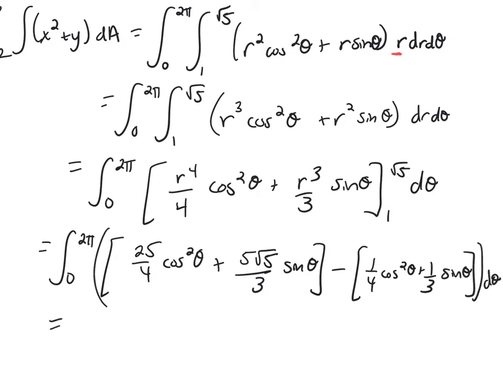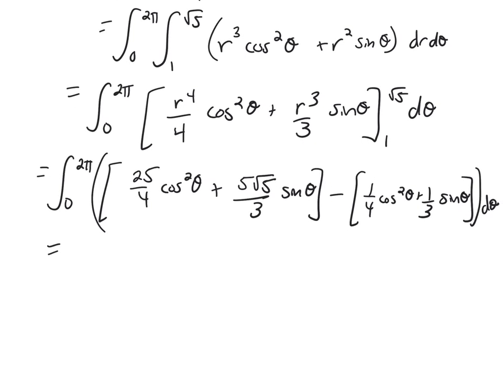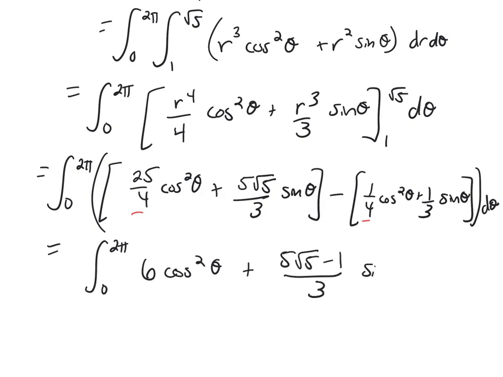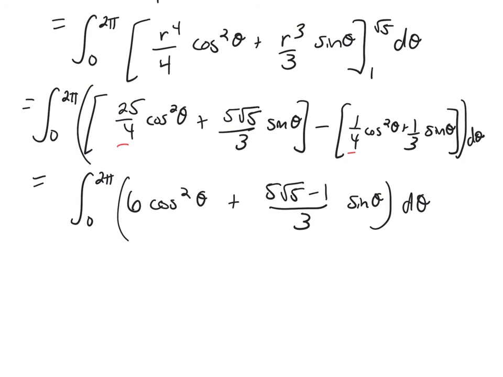So now we can combine some of these. So 0 to 2 pi, if I subtract 25 over 4 minus 1 over 4, that's 24 over 4, which is 6. So 6 cosine squared theta plus 5 square roots of 5 minus 1 over 3 sine theta. And now integrate with respect to theta.